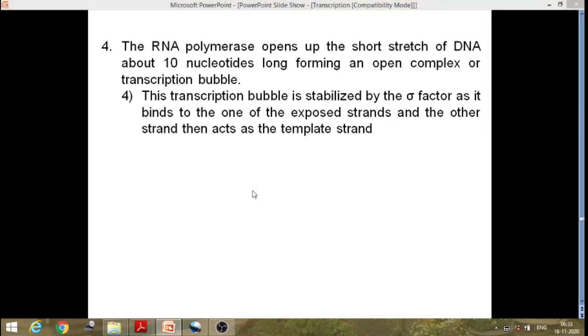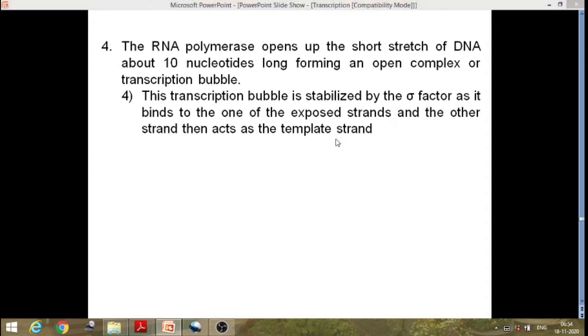And also the transcription bubble is stabilized by the sigma factor as it binds to one of the exposed strands, the non-template strand, and the other strand is then free to act as the template strand for initiation of transcription.